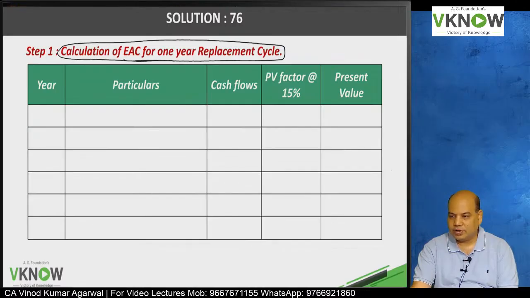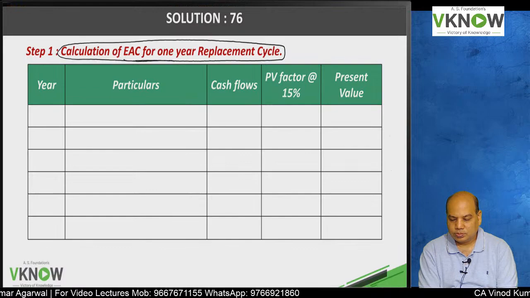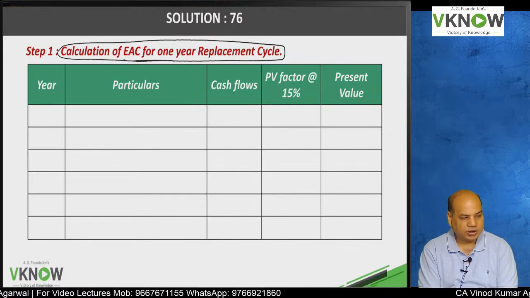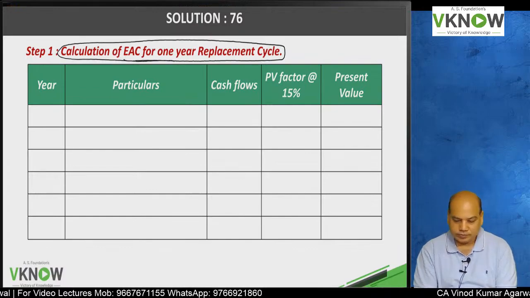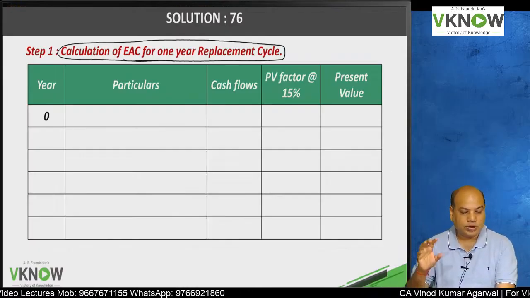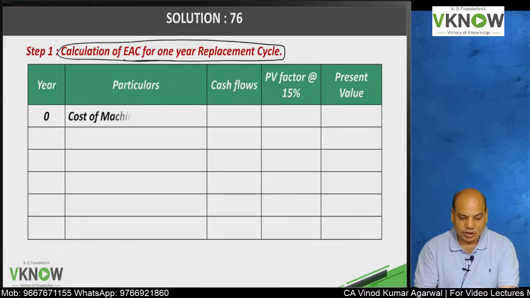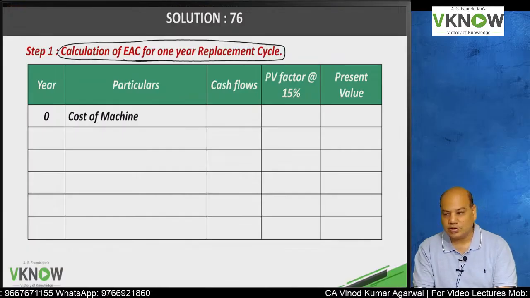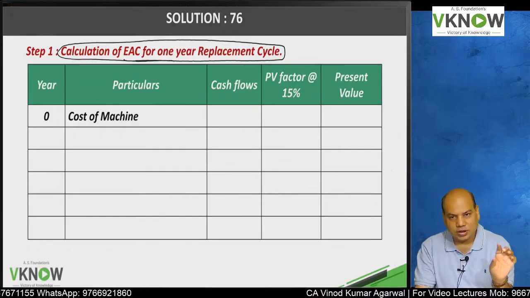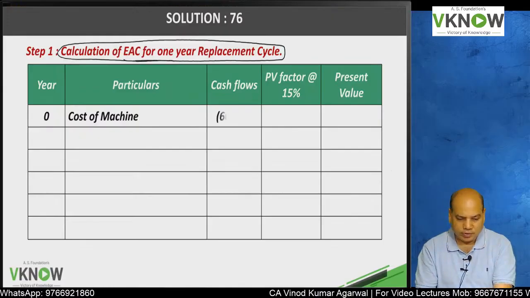Table will be same every time: Year, particulars, cash flow, PV factor at 15%, PV. So if you use this machine just for 1 year and then replace it by a new asset, what are the various cash flows associated? You have to only consider year 0 and year 1.